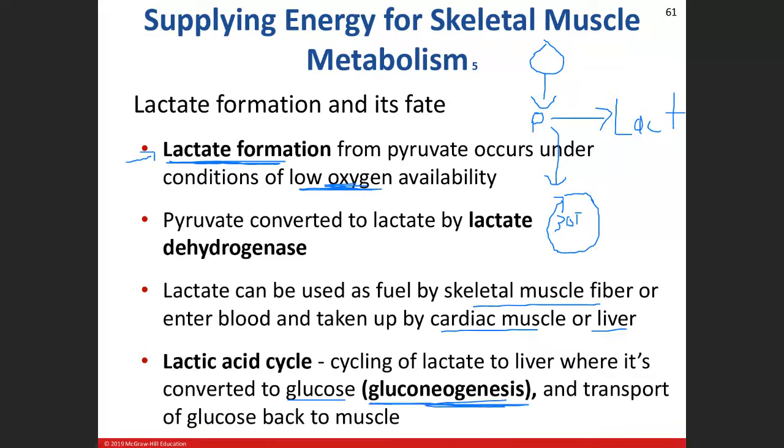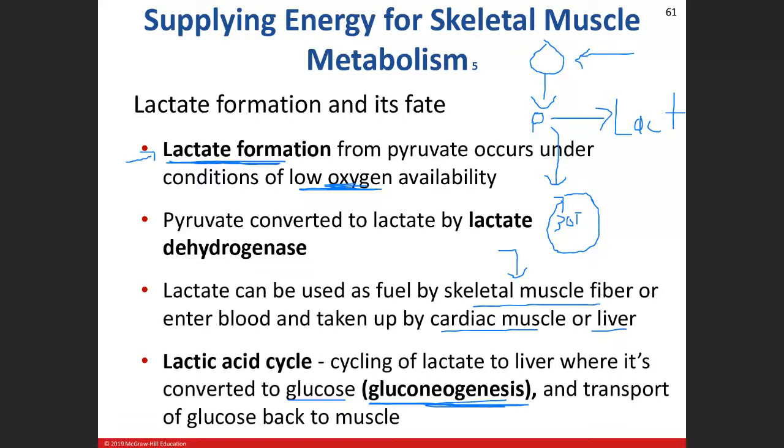How cool is that? So the skeletal muscle fiber can use the lactate, or that lactate goes into the bloodstream, travels to the liver, and then the liver converts that lactate into glucose through gluconeogenesis. Glucose, neo is new, making new glucose from lactate. And then it goes back to the skeletal muscle, and the skeletal muscle then can break it down into pyruvate again.